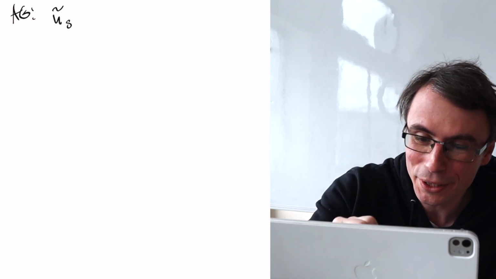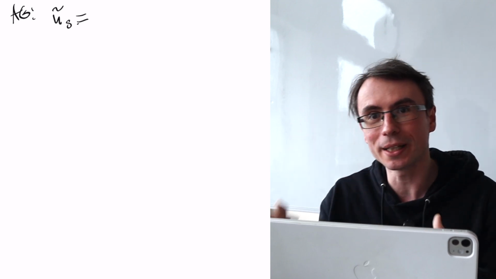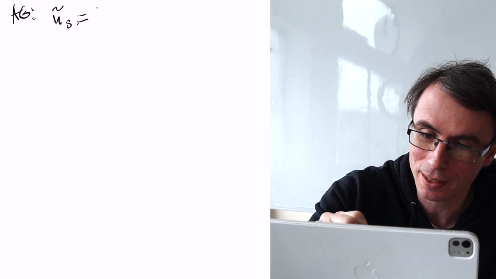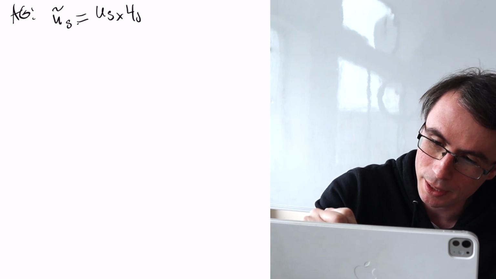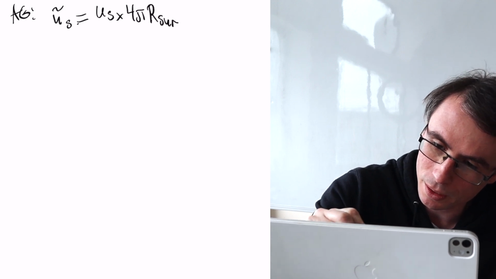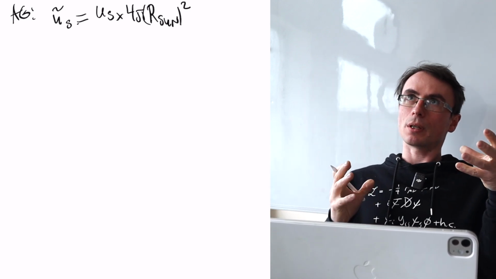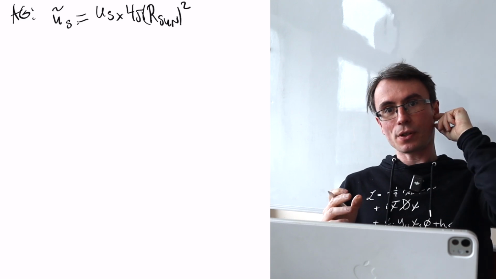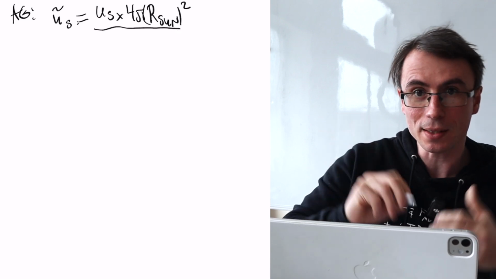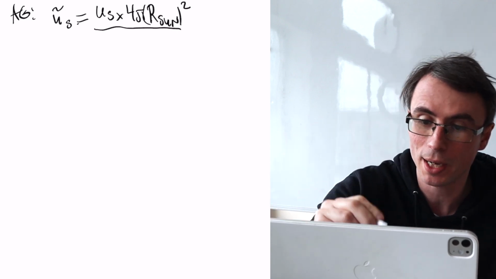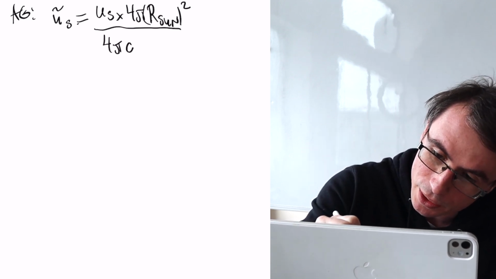And since us is the power per unit area emitted by the body, to get the entire power by the sun, we must multiply by the area, which is going to be 4 pi r of the sun squared. And then to get the proportion which is received on the Earth, we must once again use the fact that intensity is inversely proportional to the distance squared. So what we must do is divide by 4 pi d squared.